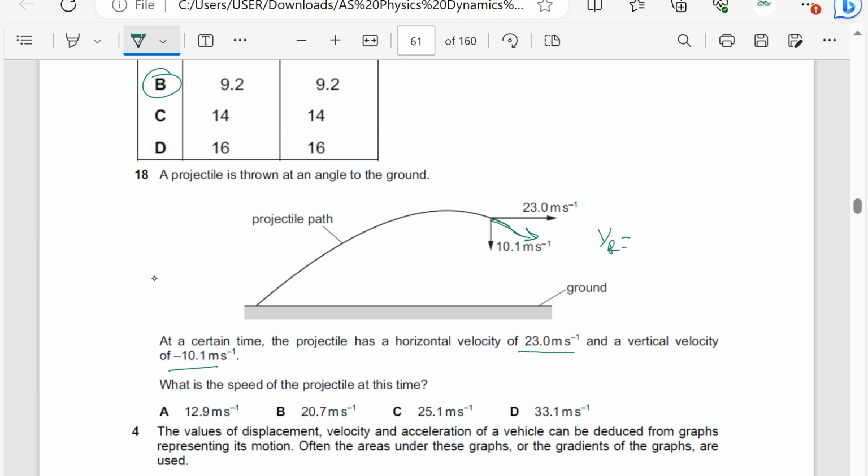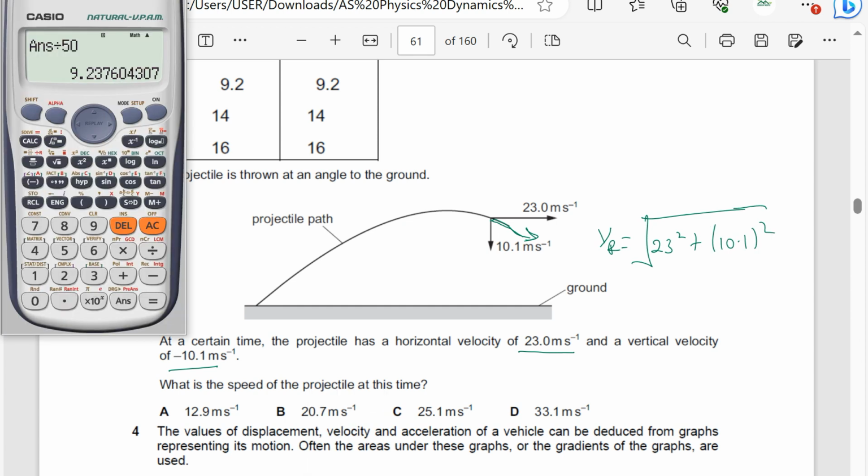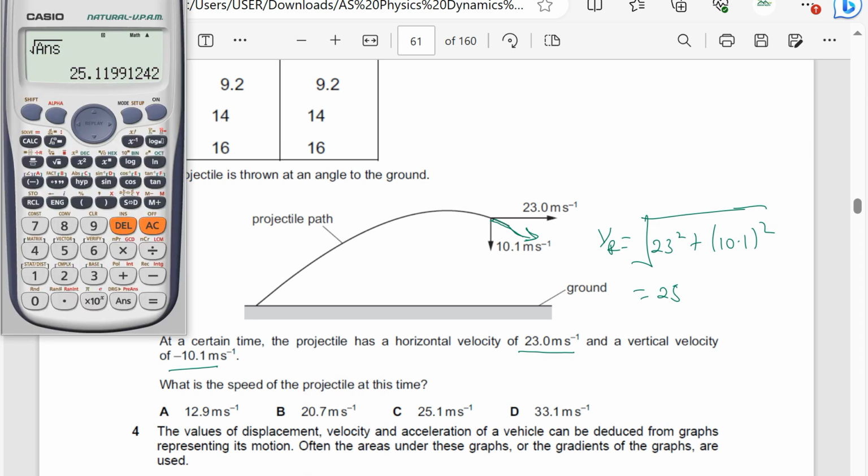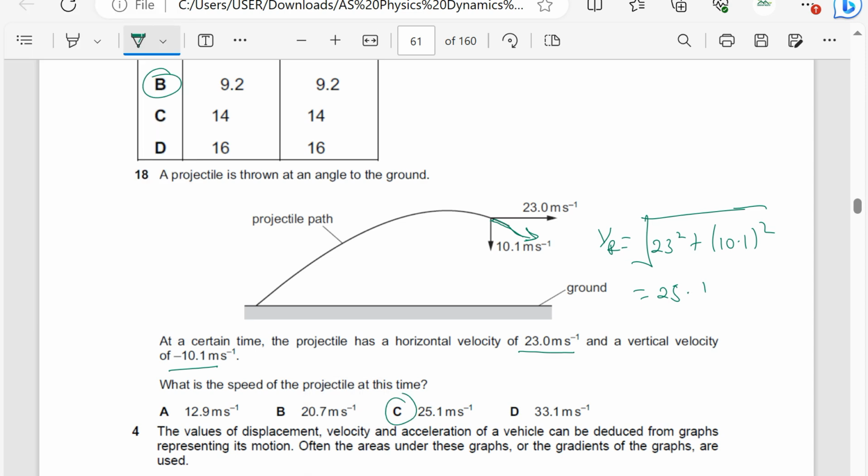Resultant is going to be the square root of 23 squared plus 10.1 squared. Then I find the square root of the answer. So v resultant is going to be 25.1. So the answer is C.